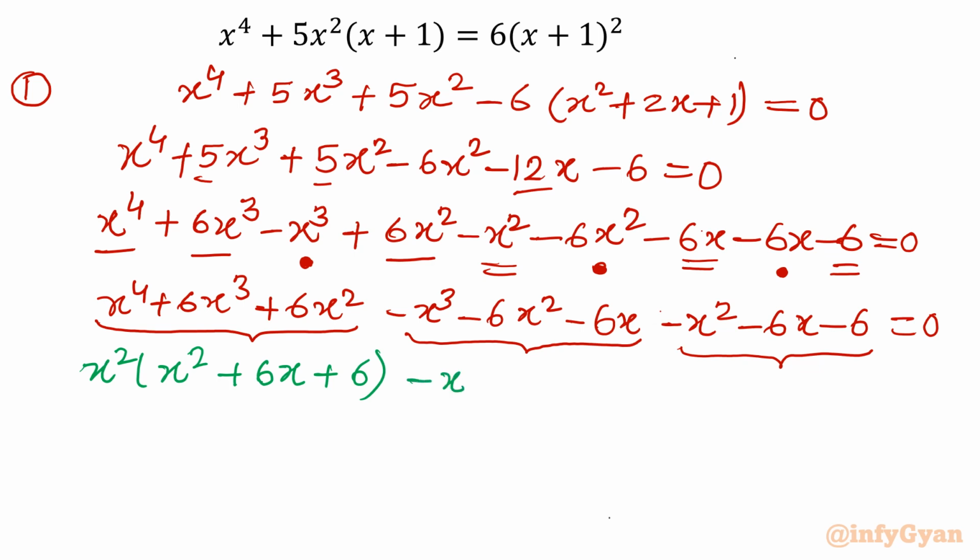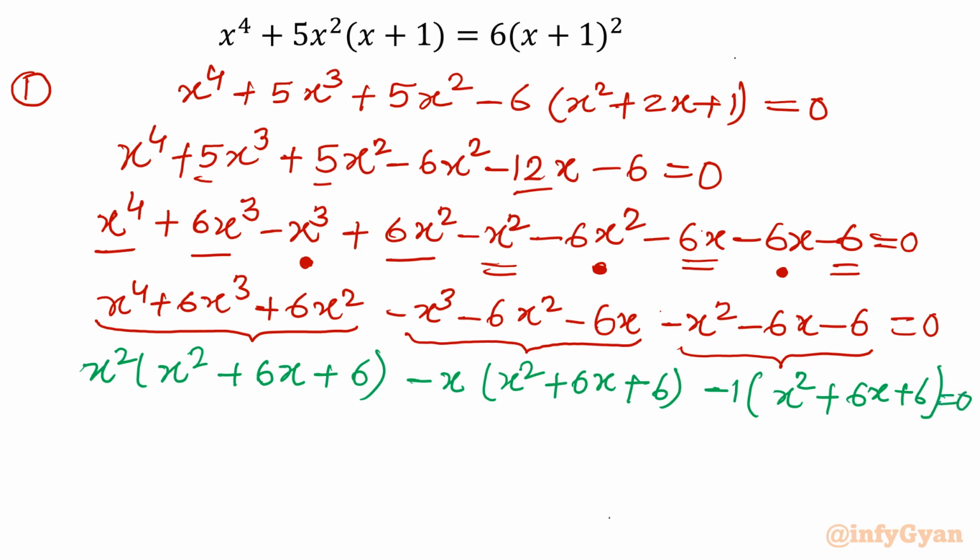Now I'll take minus x common: (x square plus 6x plus 6). Now I'll take minus 1 common: (x square plus 6x plus 6) equal to 0. Now you can see x square plus 6x plus 6 is common for this expression. I will take it completely outside. What is left? x square minus x minus 1.